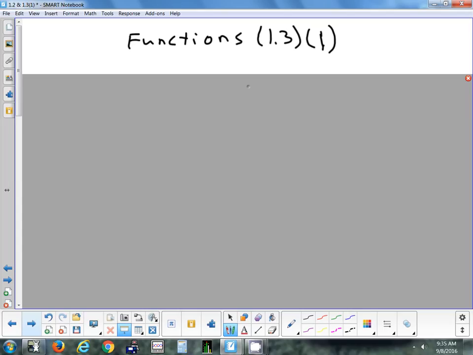All right, so section 1.3 talks specifically about functions. Okay, functions are a special kind of graph. Some lines are functions. A circle is not a function.